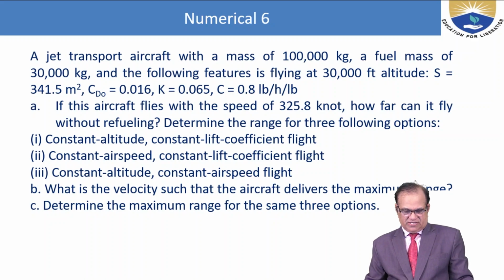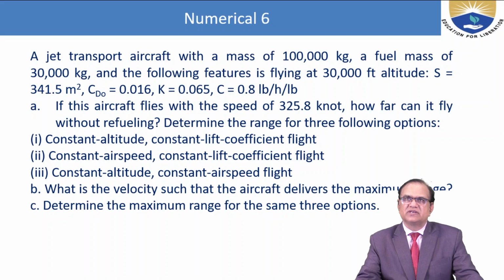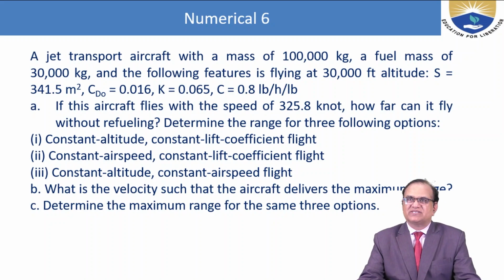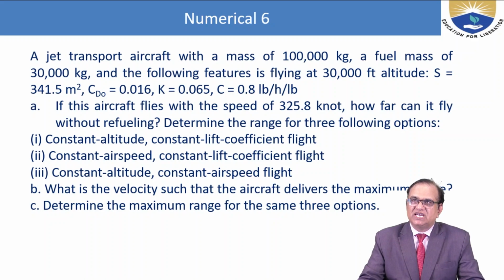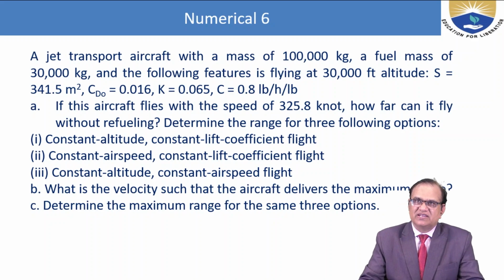Now this is my last problem, and we will try to solve it in this lecture, numerical number 6. A jet transport aircraft with a mass of 100,000 kg, a fuel mass of 30,000 kg, and the following features is flying at 30,000 feet altitude.